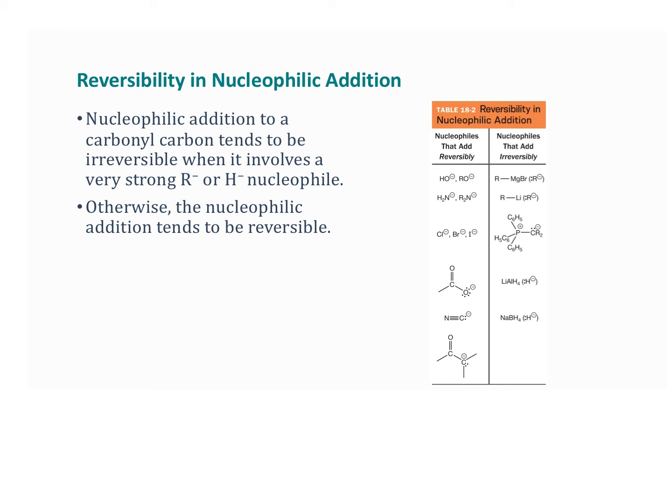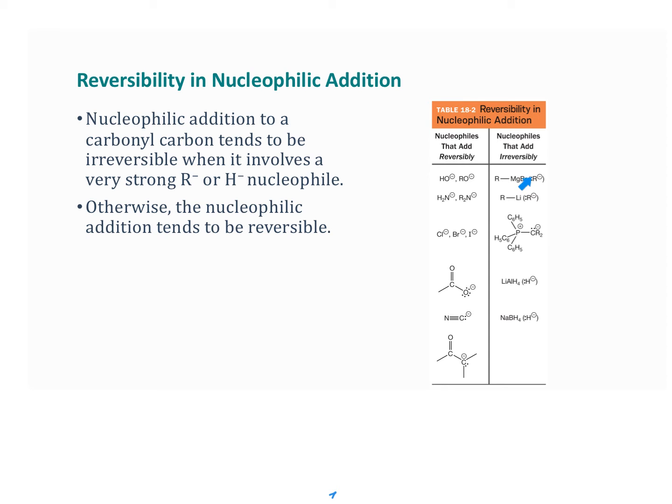So in practice, what we see is that nucleophilic addition to a carbonyl carbon tends to be irreversible when it involves a very strong R-, so an alkyl, a carbanion basically, or a hydride nucleophile, okay?